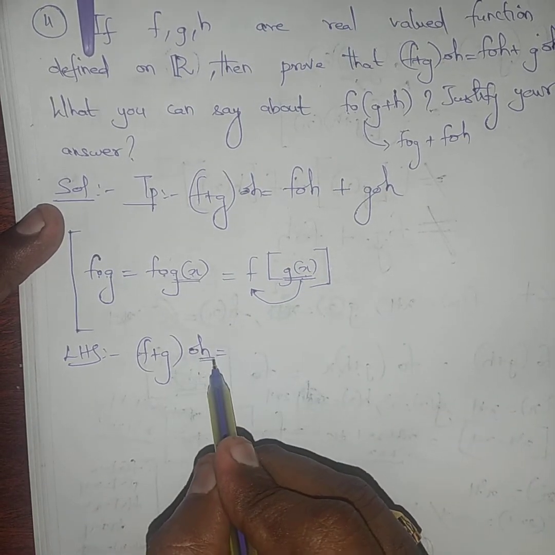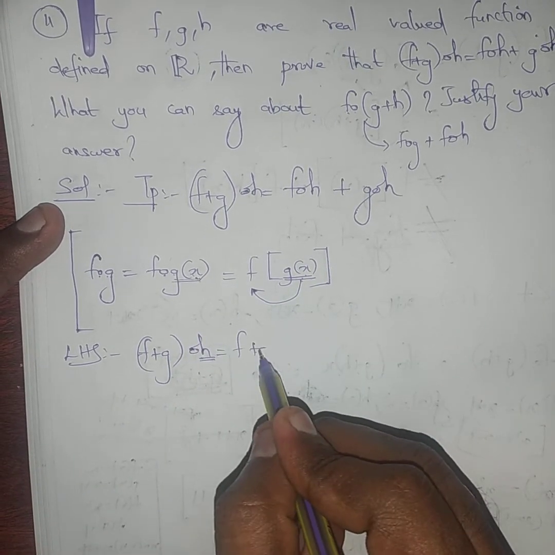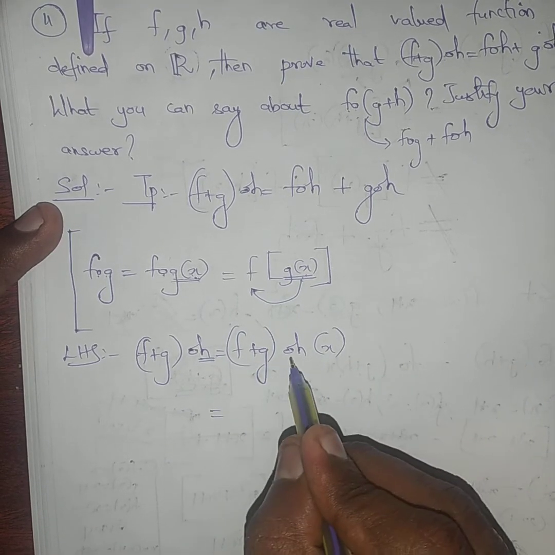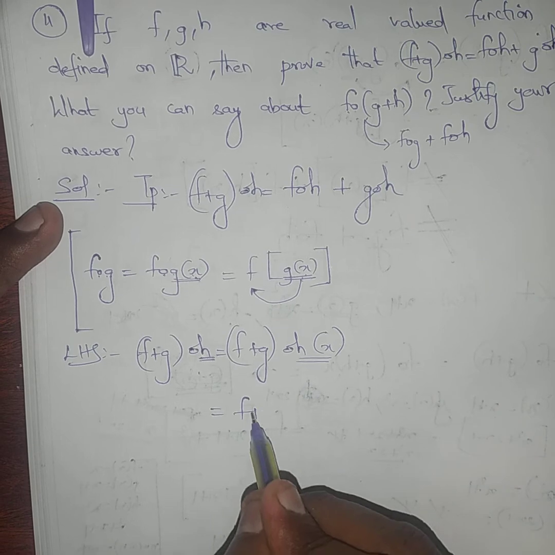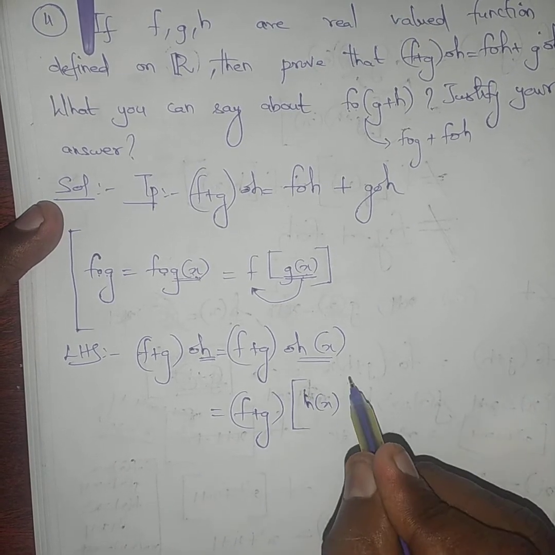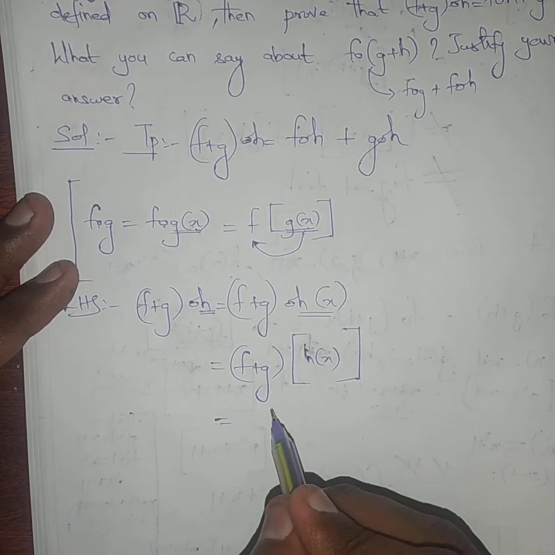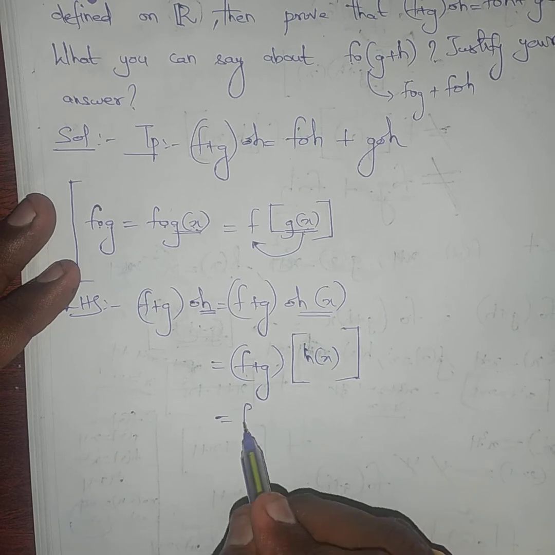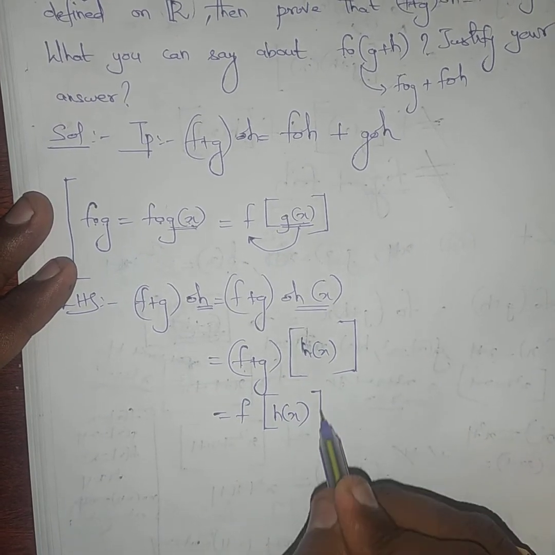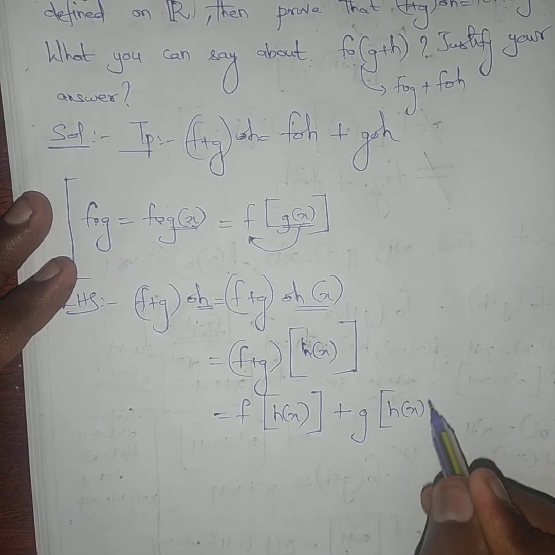So first we put x: (f plus g) composite h of x, which is (f plus g) of h of x. Now we can write this as f of h of x plus g of h of x.